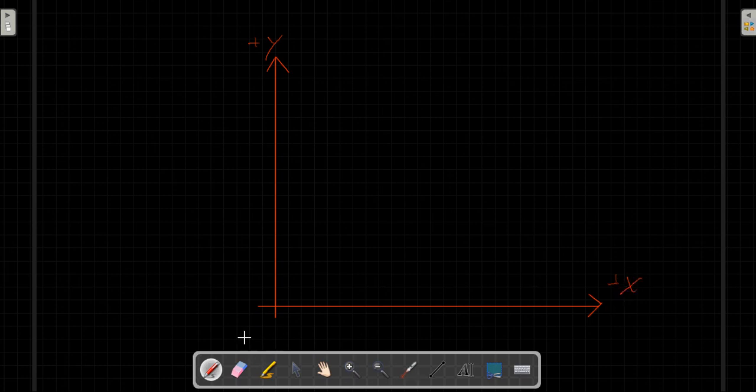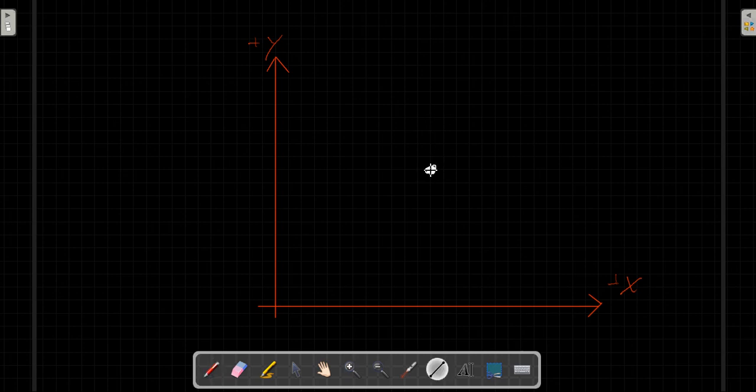So the force diagram that we're going to draw will look like this. An object in the middle, obviously, is our object of interest. Let's say the force diagram looks something like this.